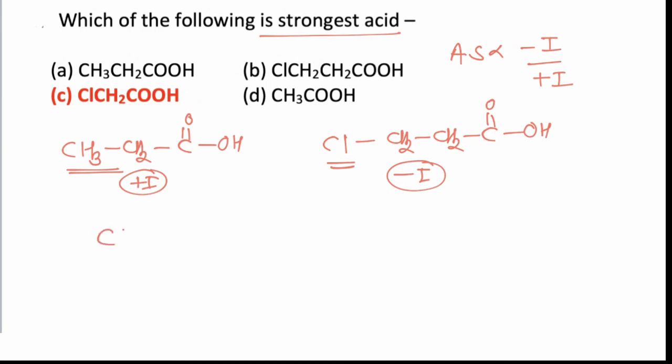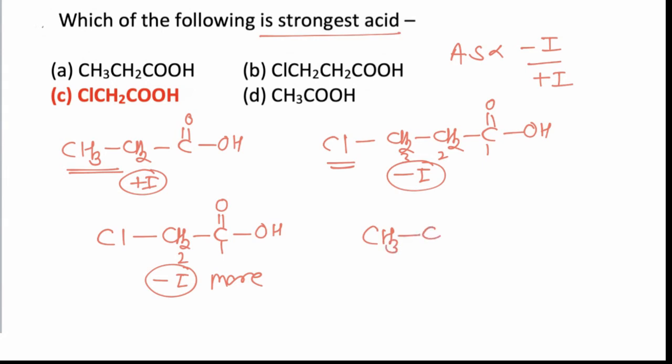Now in option C, Cl is comparatively closer because here Cl is present in the third position, while in this case Cl is present in the second position. So more minus I, hence acidic strength will be comparatively higher. In option D, CH3COOH, there is no minus I effect, rather the plus I effect of the CH3 group is present.